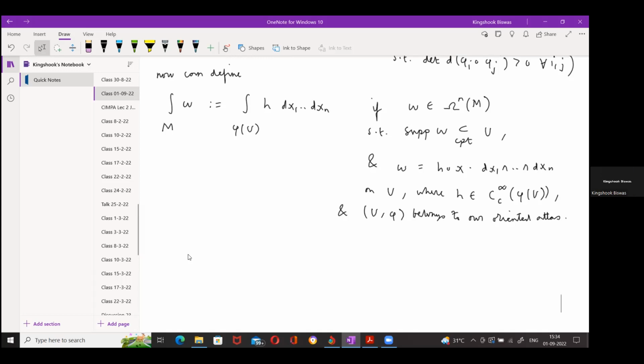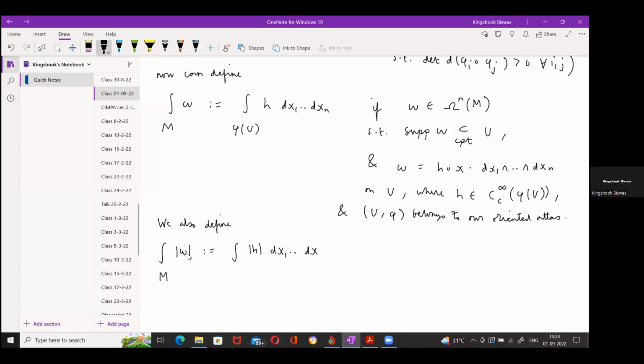And now for a general one, we also define the integral of the absolute value of omega over M to be the integral of the absolute value of h dx1...dxn.